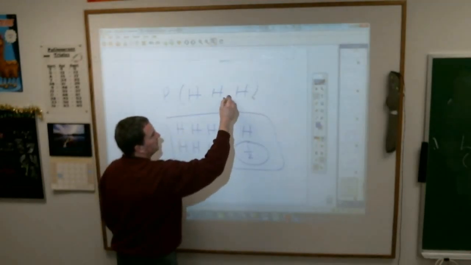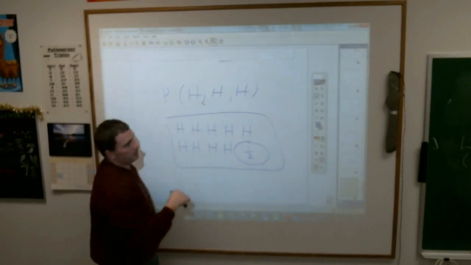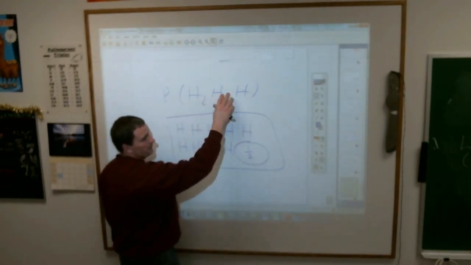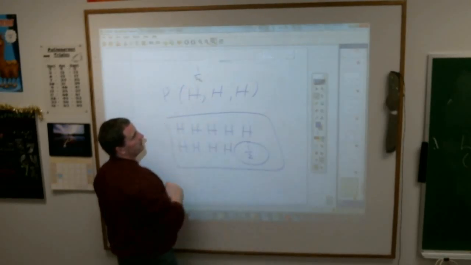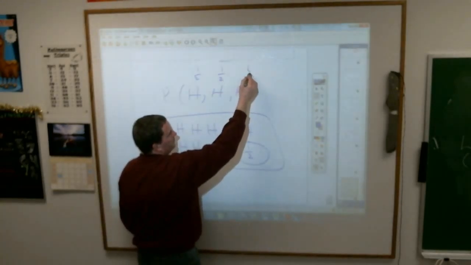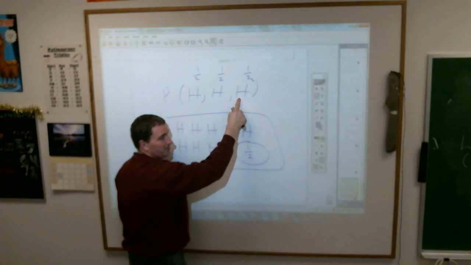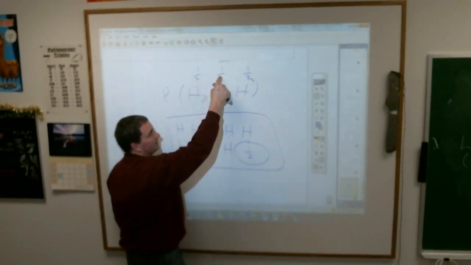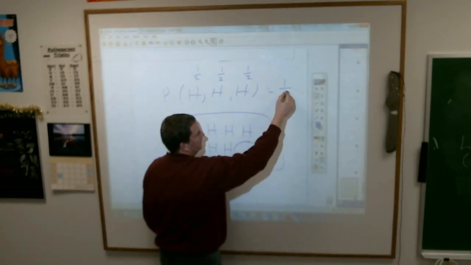This is the theoretical probability, and it's pretty simple to figure out. You take the probability of each one and multiply it together. Probability of him flipping a head is 1/2 there, 1/2 there, 1/2 there. The probability of all 3 happening back to back to back is 1/2 times 1/2 times 1/2, which is 1/8.